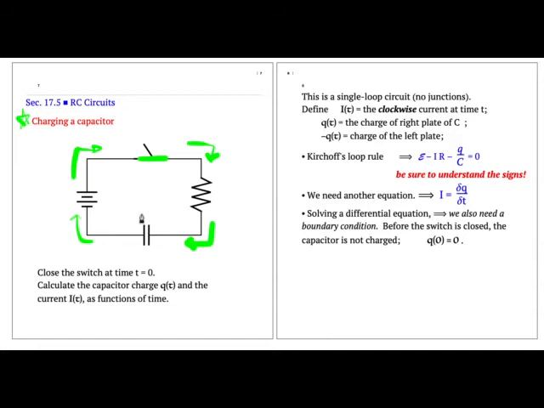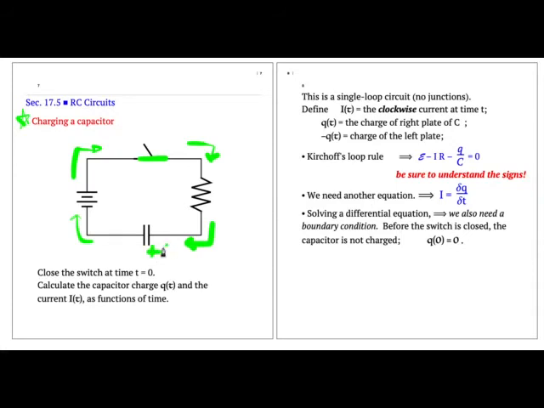Current can't flow through a capacitor because a capacitor has two metal plates separated by an insulating layer. So no current can flow from one plate to the other plate. Well, it can flow around through the circuit, but it can't flow through the gap. So what happens here is that charge will build up.